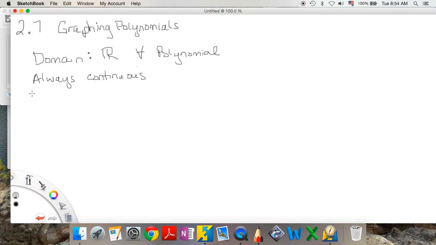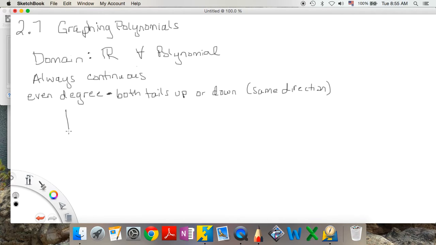Now, polynomials, we've got two separate cases. We've got polynomials that are even degree. Remember, that means that the highest exponent is an even number. What happens with the picture for that one is we end up with both tails up or down. They're in the same direction. Now, what do I mean by that? Well, we know quadratics, parabola.